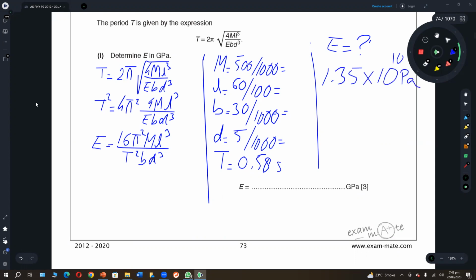He says G, gigapascal. So if it's giga, should I divide by 10 power 9? Oh, sorry, multiply by 9. Giga is 10 power 9, no?